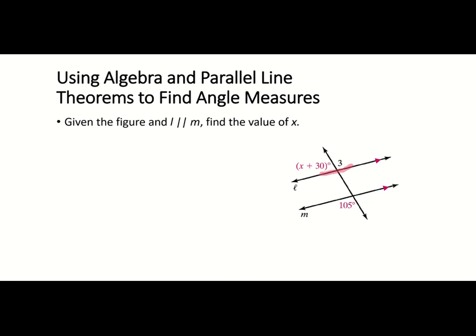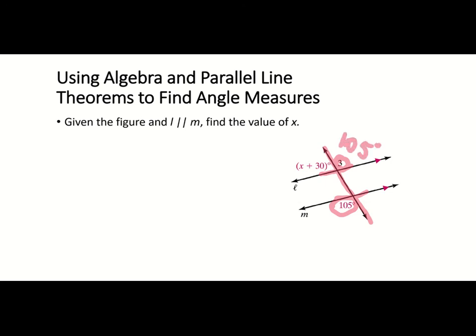But I don't know anything about 3, so it's hard to find that angle measure. However, because I do have parallel lines here, and this is my transversal, I know that 3 and this 105 here are alternate exterior angles. So that means those two angles are congruent. So that means that 3 equals 105.